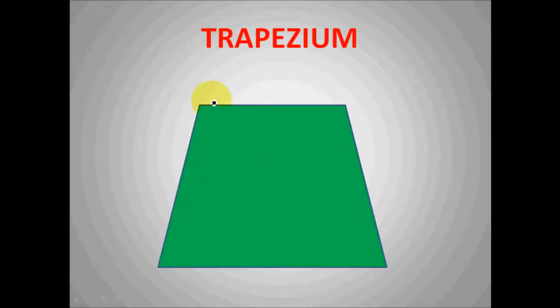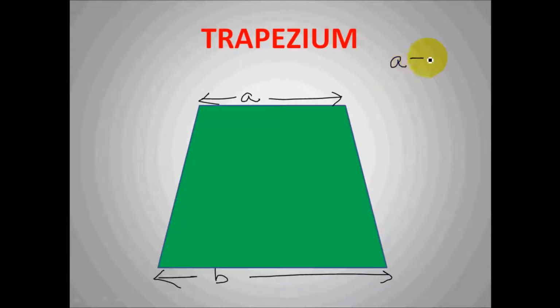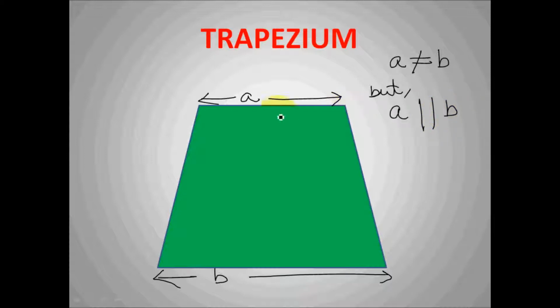Next is trapezium. Let's take this side to be A and this side to be B, where A is not equal to B, as you can visually see here, but A is parallel to B. When some sides are parallel, we denote it with double lines.